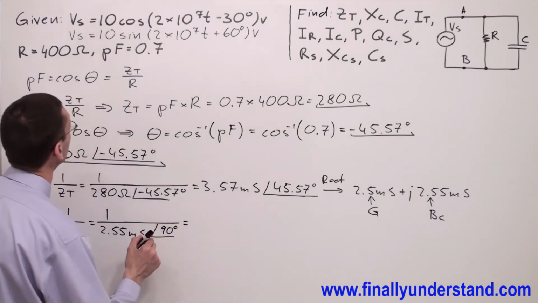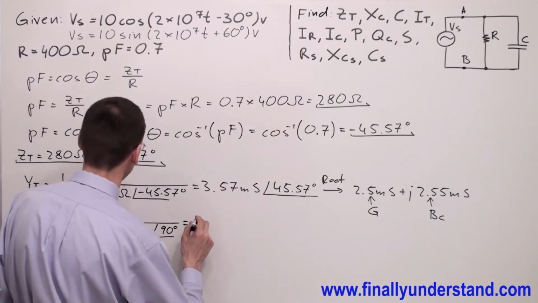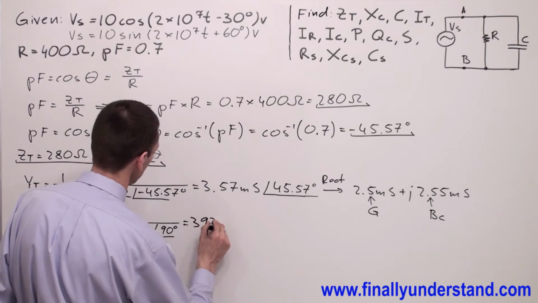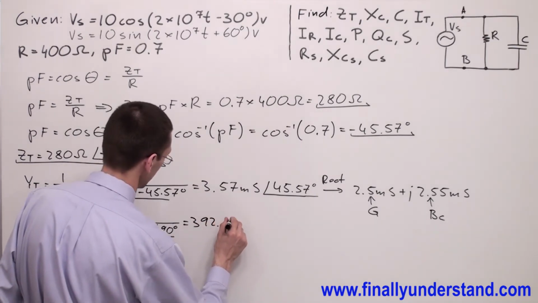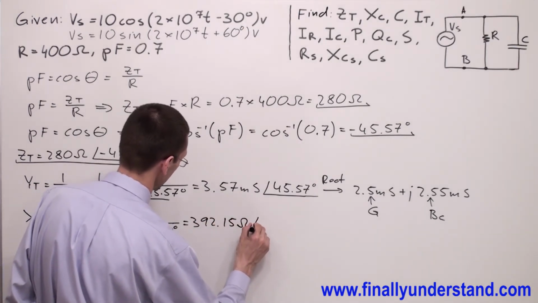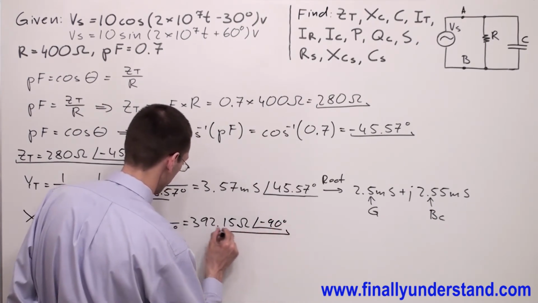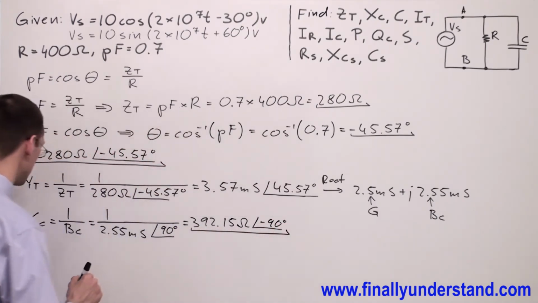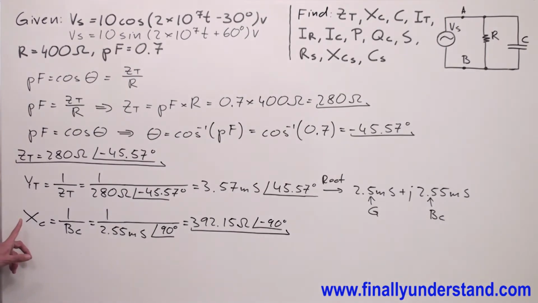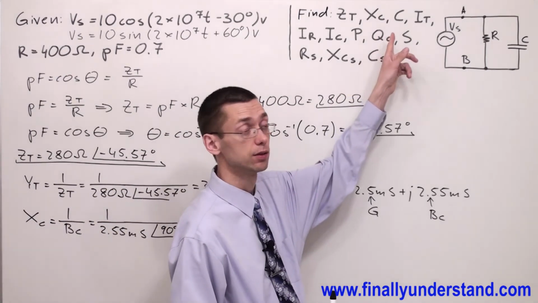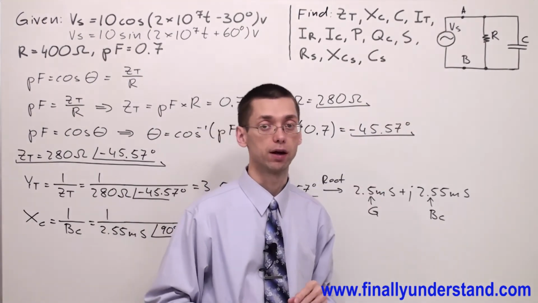So this is equal 392.15 ohms, an angle of negative 90 degrees. So this is my capacitive reactance.